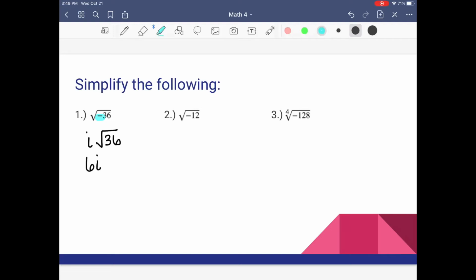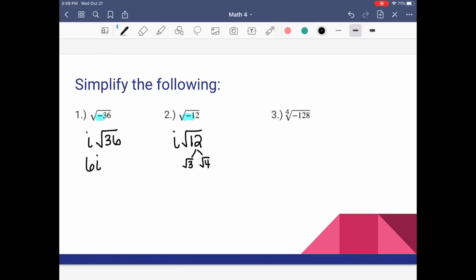Same thing with number 2. If I have that negative in front, that's going to give me i, but I have the square root of 12. Now 12 is not a perfect square, so we're going to have to reduce this down, and I'm going to use my factor tree here. So 12, I can reduce that down to the square root of 3 and the square root of 4.